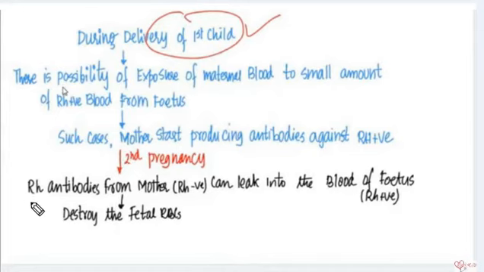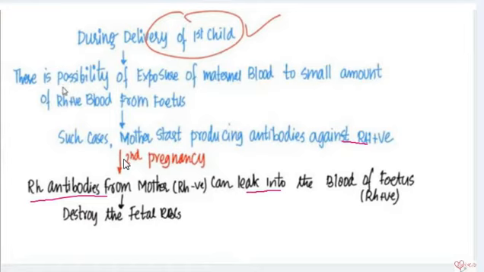What happens during the second pregnancy? The antibodies produced in the mother's blood against the Rh positive blood of the fetus leak into the fetal blood and destroy the fetal RBCs.